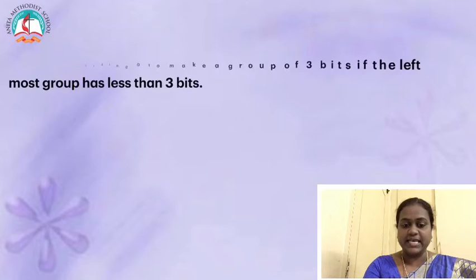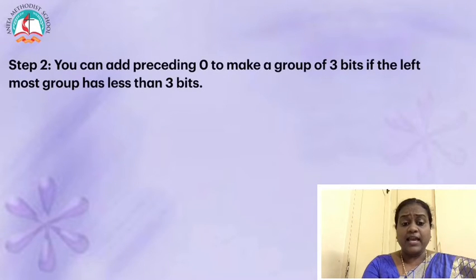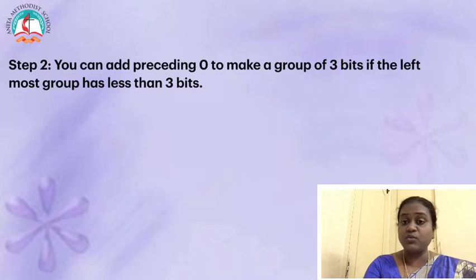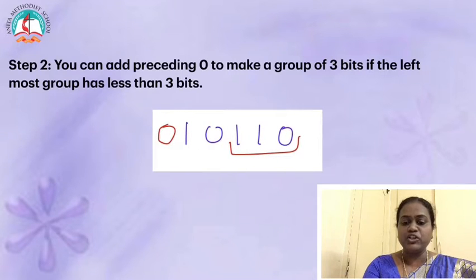My second step: if my grouping of 3 bits is less than 3 bits, then what will I do? Then I will add 0 to the preceding number. Can you see this example, children? 10110 is my binary number.